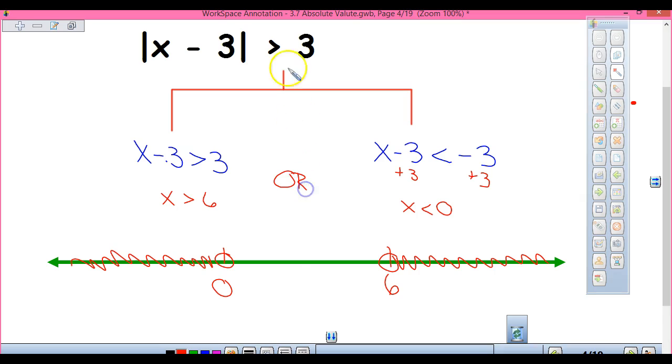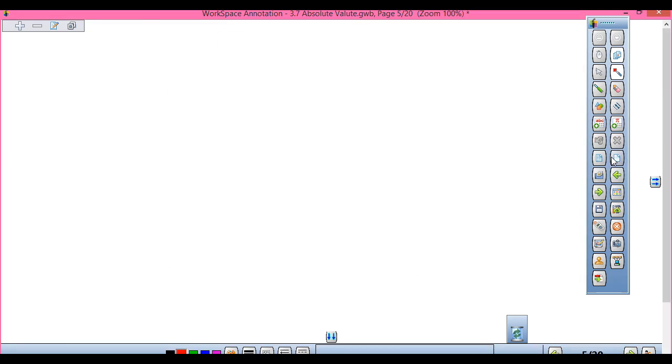Now, if we go back to our original problem, our inequality symbol will always tell us if it's an and or if it's an or. Look at your original inequality.